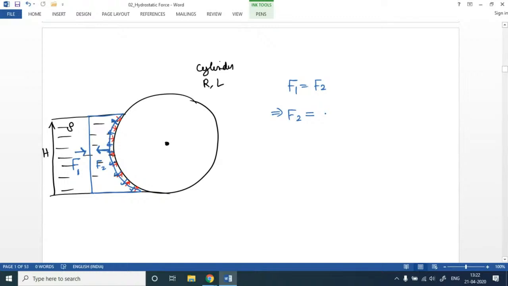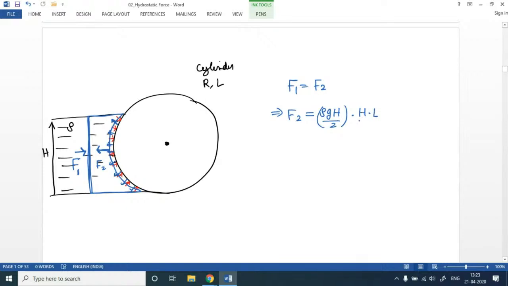F1 would be equal to the average pressure times this projected area. So the average pressure would be simply the pressure at the midpoint, which is rho g H by 2. And the area of this projection is going to be H into L.